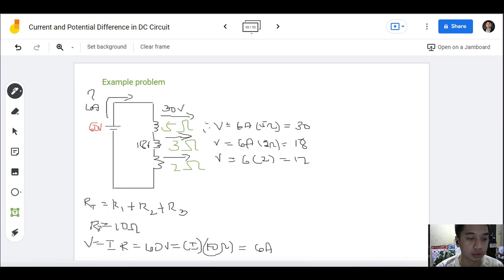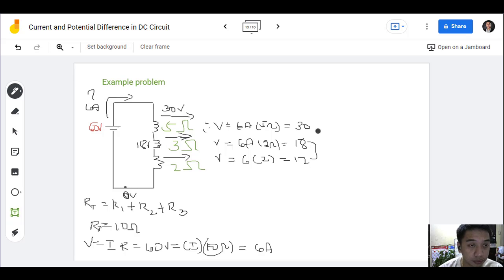Yan. So, if we will add up this one, this is 30. 30, that will be 60. So, ayun pa rin, no? Yung ating total voltage is 0 volts in accordance to Kirchhoff's law, no? Yan.